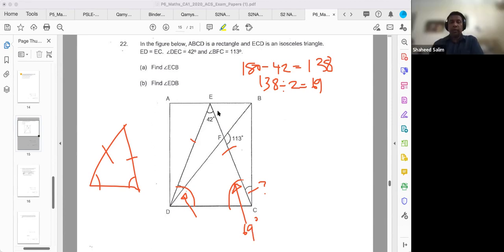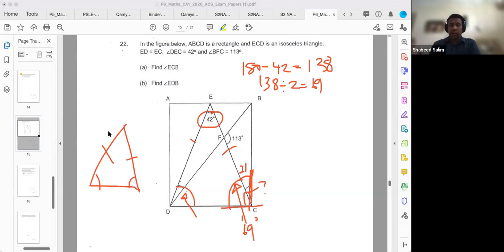No, 42 is here. Down here now, this is 90 degrees, right? Take 90 degrees minus 69, you get 21. 21 plus 69 is 90 degrees. So you know how to get 21? 90 degrees minus 69.